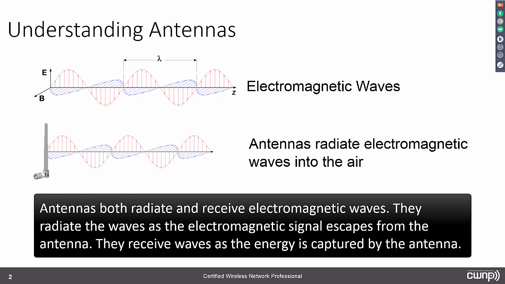So it is not so much that the antenna is making any kind of decision. The person that makes the antenna decision is you, and you have to make the decision about the right antenna for the right deployment type. So antennas, you could say, are stupid. They don't really know how to make any decisions. They're simply going to do what they're engineered to do by the laws of physics.